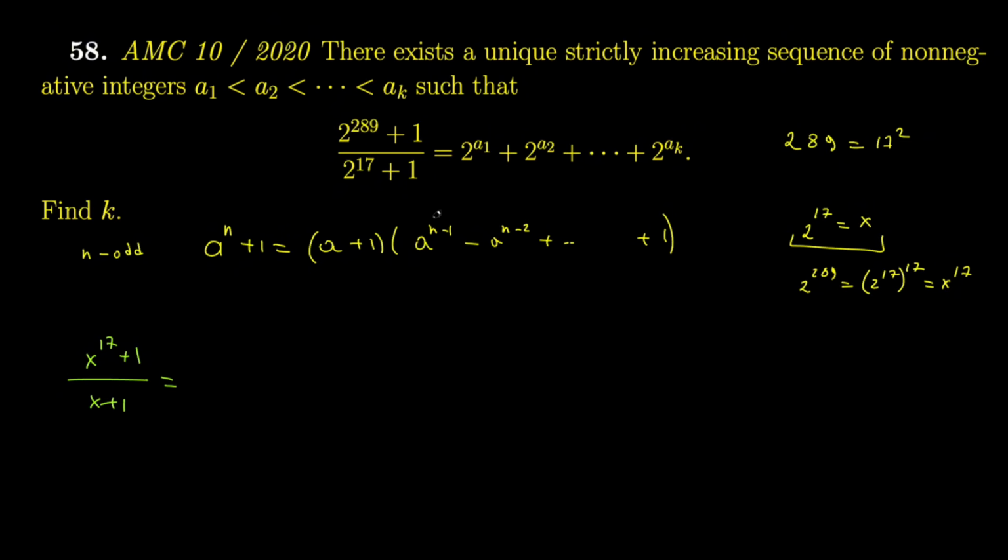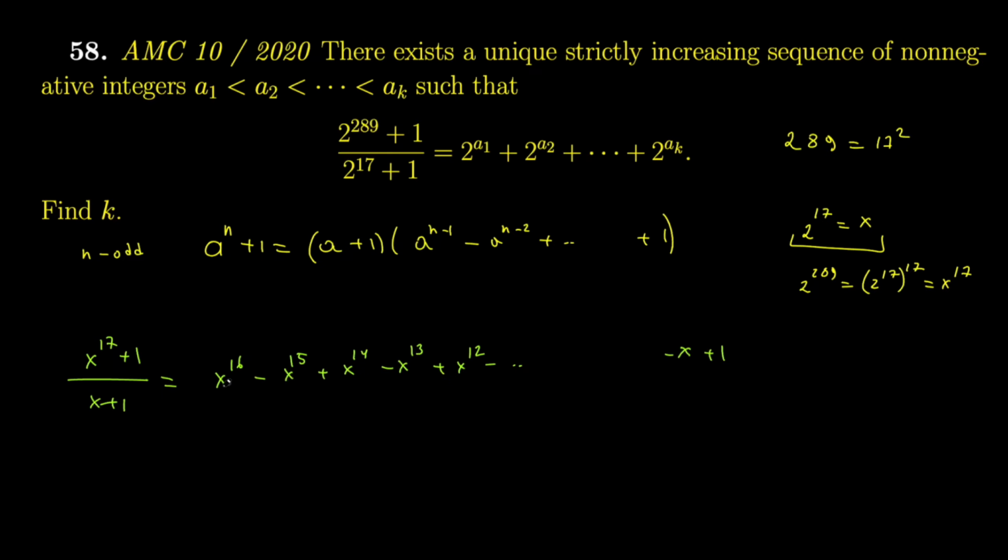So if I use this formula, this expression becomes x to the 16 minus x to the 15 plus x to the 14 minus x to the 13 plus x to the 12 minus, and so on, up to minus x plus 1. So this is the expression.